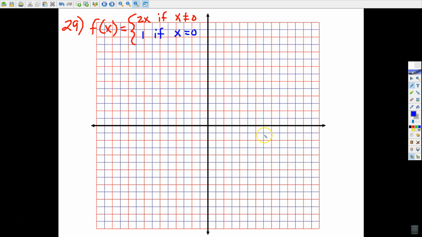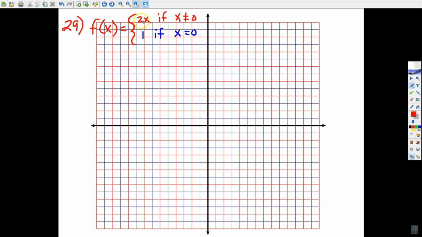So here's how you graph one of these piecewise defined functions. Okay, and I'm going to color code so we can keep these two pieces separated. Now remember, it's really one function. We're going to graph both of these pieces on the same coordinate plane, and together, these two separate pieces represent this single function called f of x.